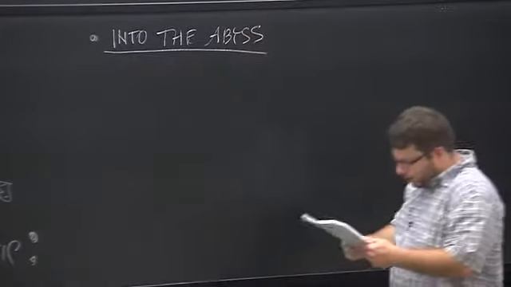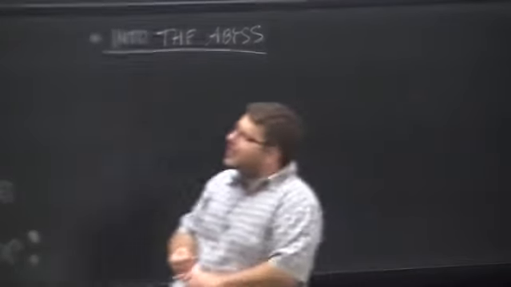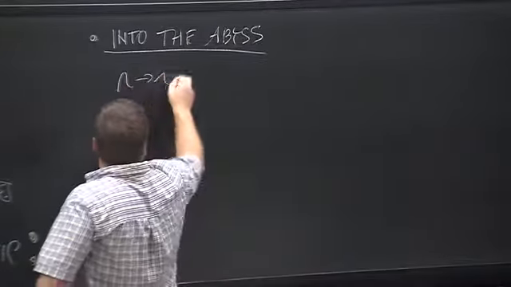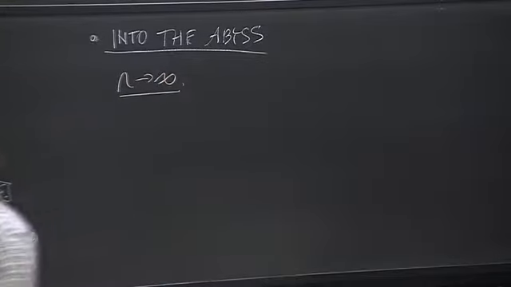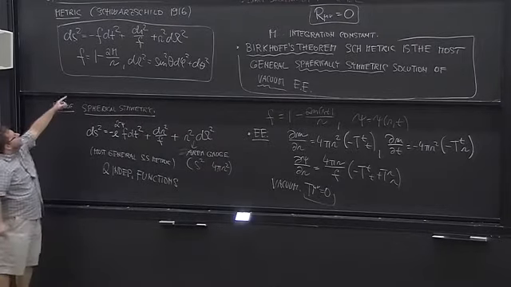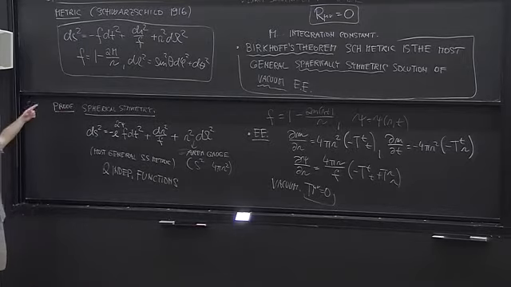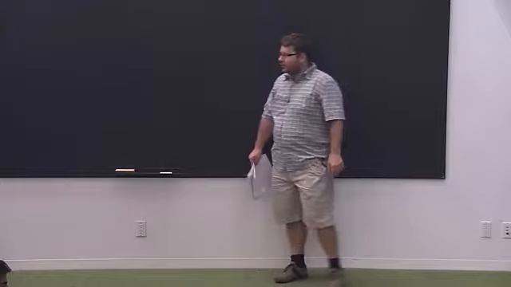Okay. So we notice that if you take the limit r goes to infinity and look at the solution, then the term 1 minus 2m over r simply goes to 1. And if it goes to 1, you have just minus dt squared plus dr squared plus r squared d omega squared. That's just the flat metric written in spherical coordinates, right?